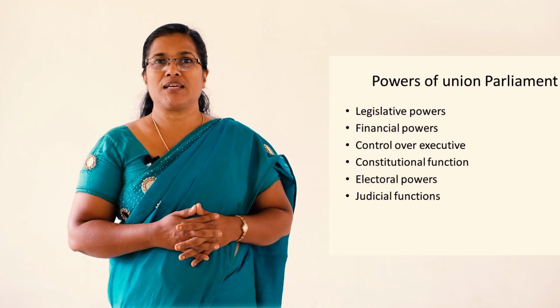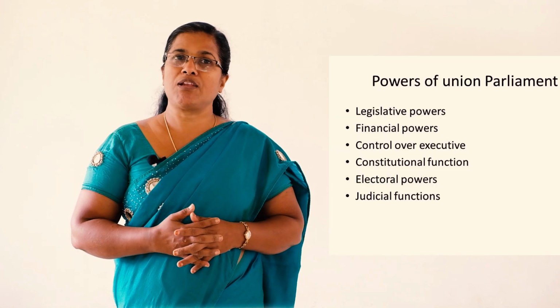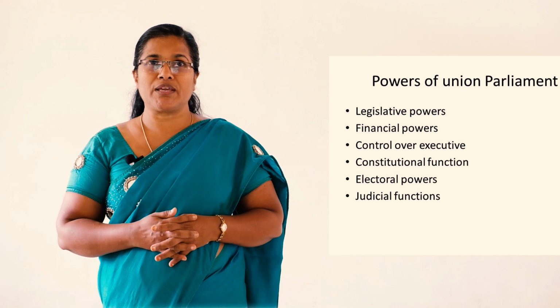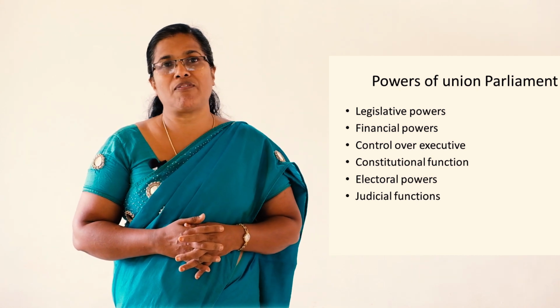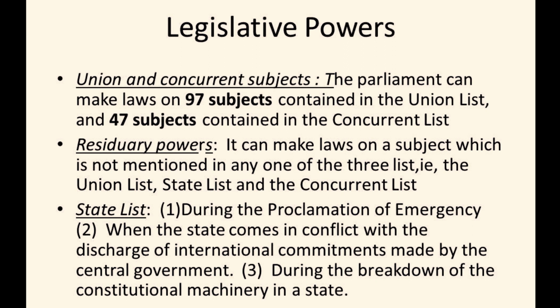First, we learn about the powers of the Union Parliament: legislative powers, financial powers, control over executive, constitutional function, electoral powers, and judicial functions. Now, let us learn about the legislative powers. The legislative powers come under the Union and the concurrent list.